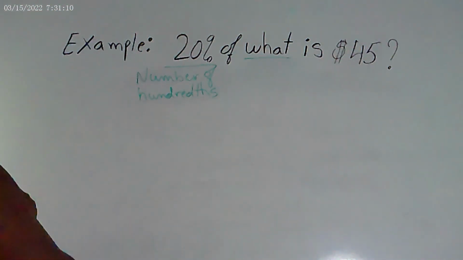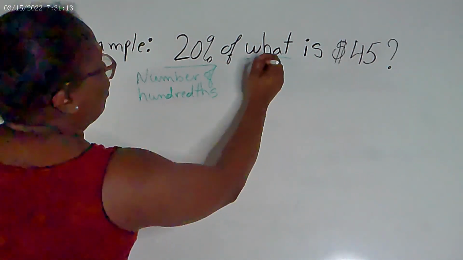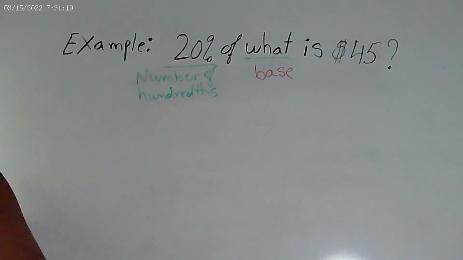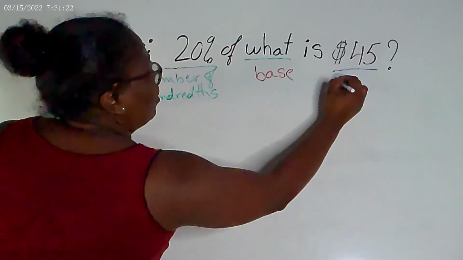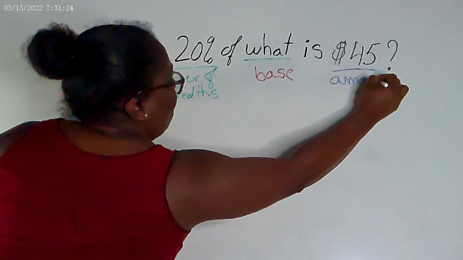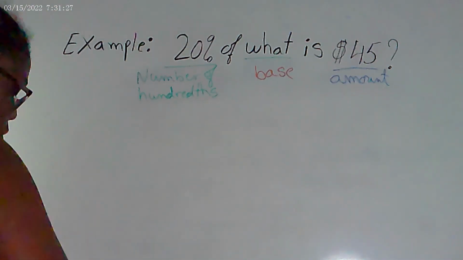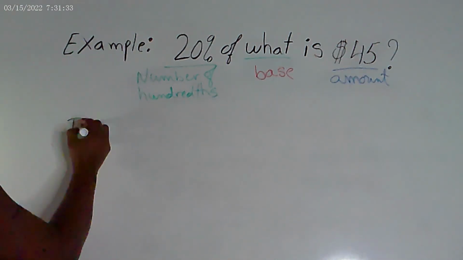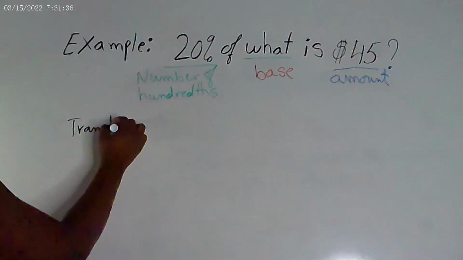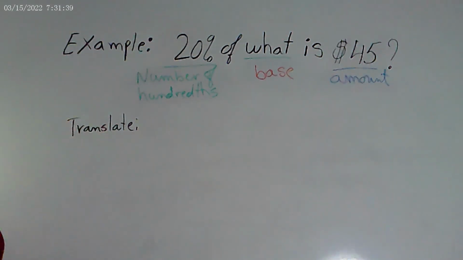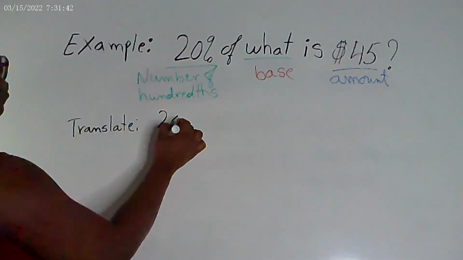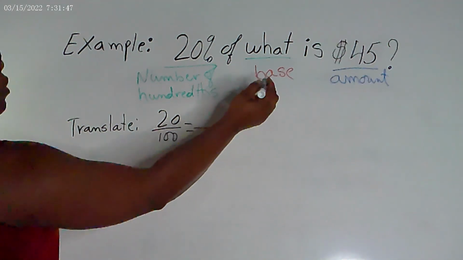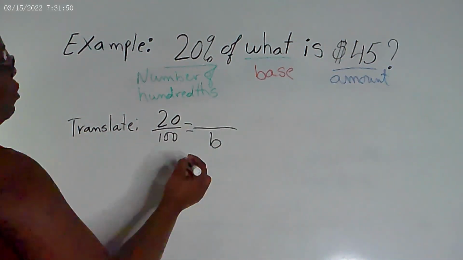Let me use another color. And 45 is the amount. So now, let's translate. 20% is 20 over 100 is equal to the base over $45.